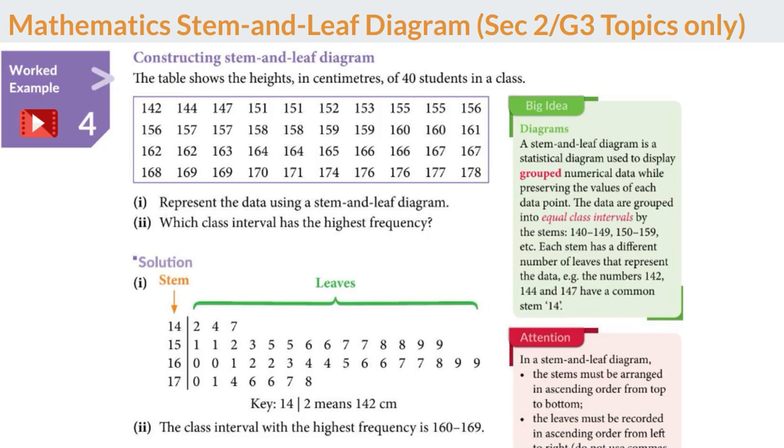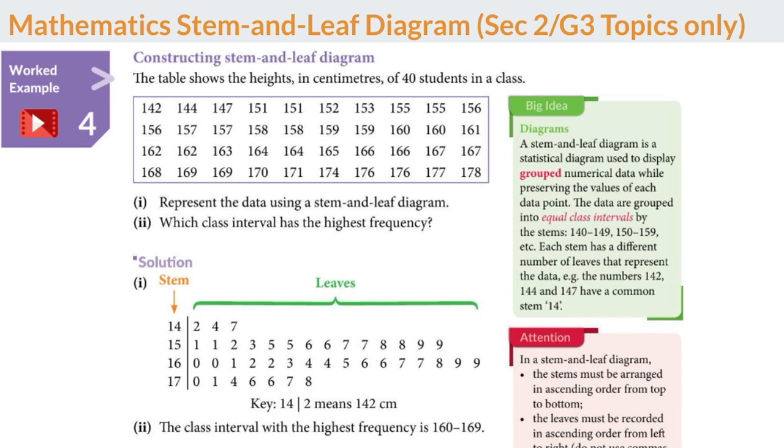Then 151, 151, 152, meaning that your stem is 15, your leaf is 1, 1, 2. Don't write 151, then don't write 15 after that. You write 1, and after that you jump straight to 2, not ignoring the other 151. Understand? This one you have to understand on your own. I cannot help you as much.